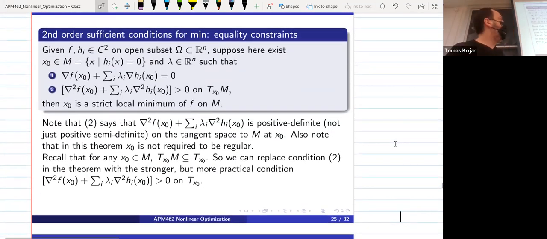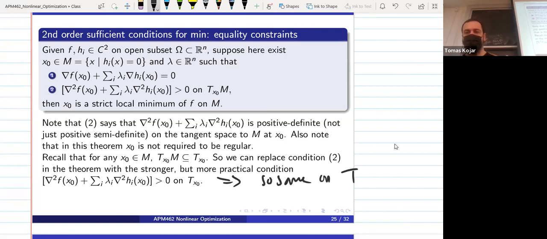I'm just trying to make it easier, because in our problems, computing this with the normals is way easier. All you have to prove is that this is positive definite on that bigger space, so you will get it on the smaller space. The tangent space T_x0 M is hard; this is easy.